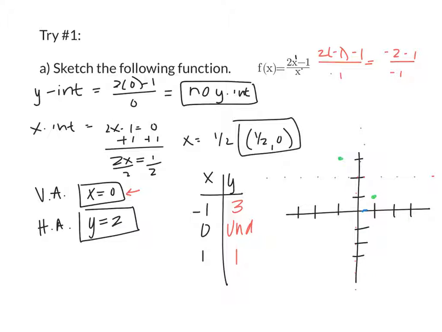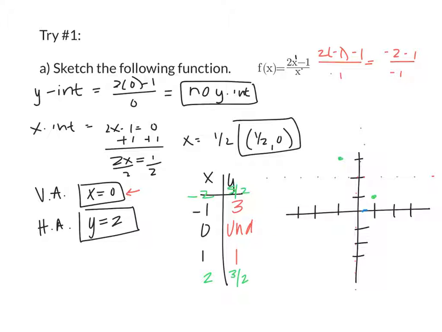Now, honestly, that's not showing me enough about my graph. I know what's going to happen, but I doubt most of you guys would. So what you should do, after testing 1, you should also test 2, and you should also test -2. The value for -2 is 5/2, which is 2.5, and the value for +2 is 3/2, which is 1.5.